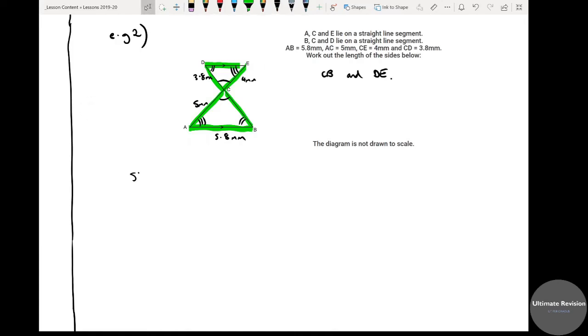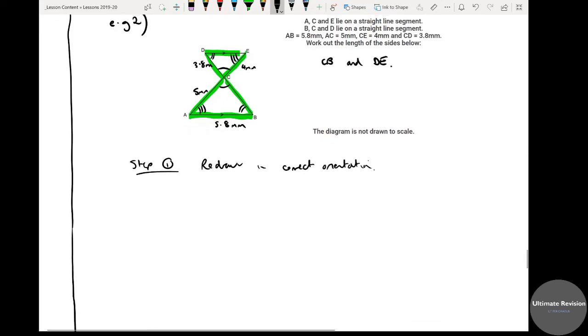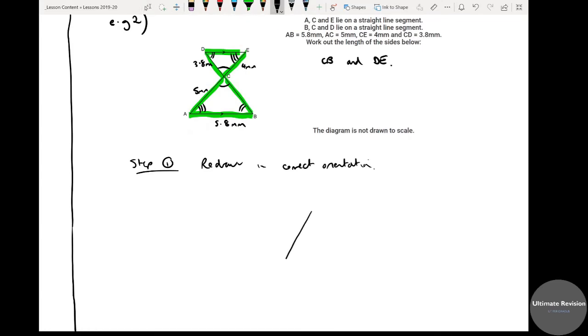Now step 1 is quite confusing, so redraw in the correct orientation. Redraw in correct orientation would be the first thing I would do. Let's draw the big one to the right, the big triangle, A, B, C. We know that's 5.8 and that's 5 millimeters.